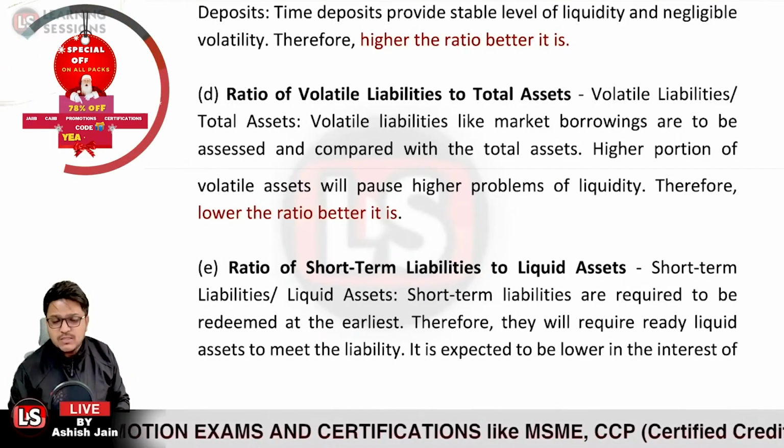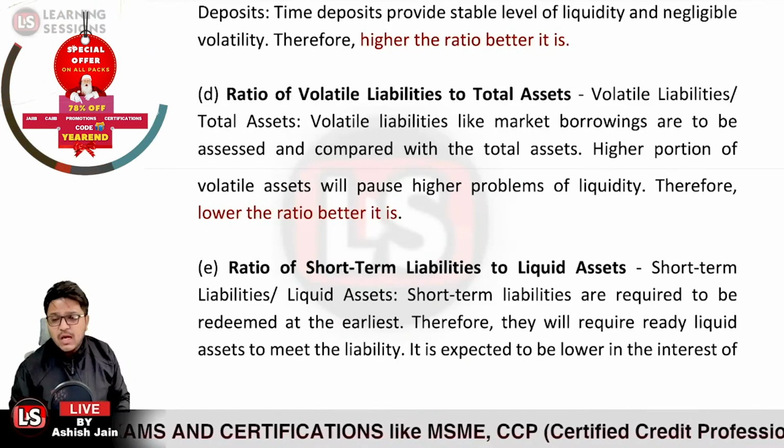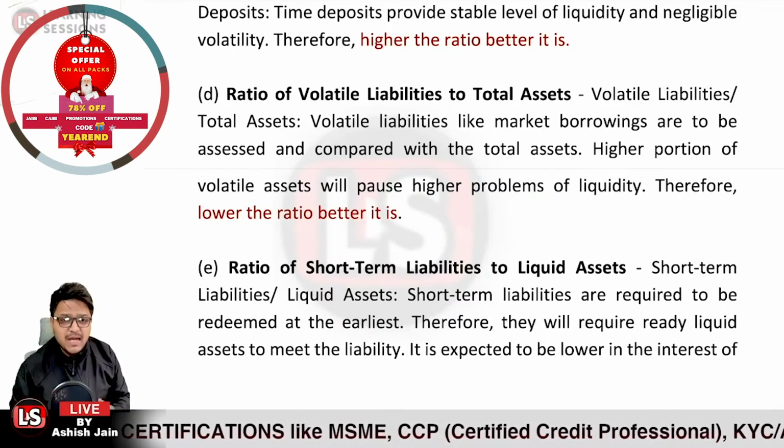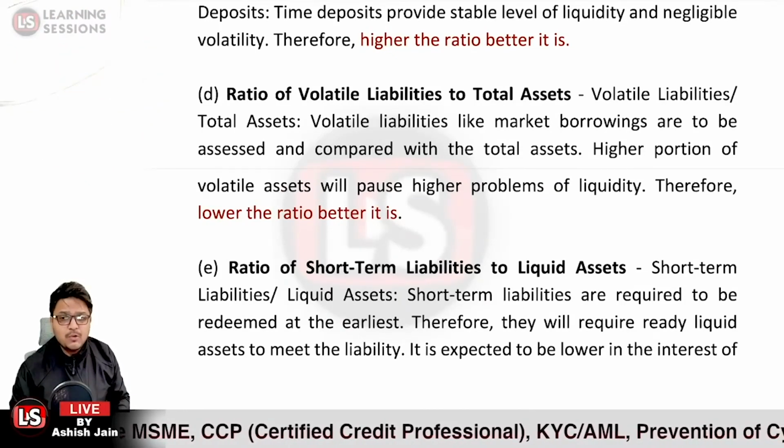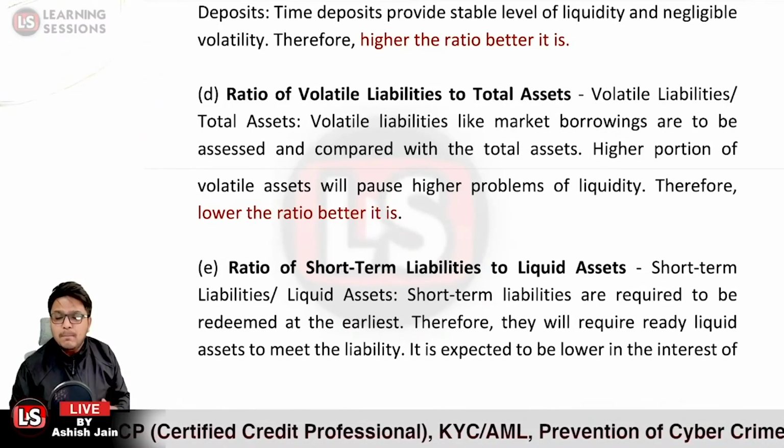These are those borrowings. Let us take the case where you have borrowed an amount under call money or notice money. In that case, that is to be liquidated at the earliest. And further, you need ready liquid assets so as to meet the liability.